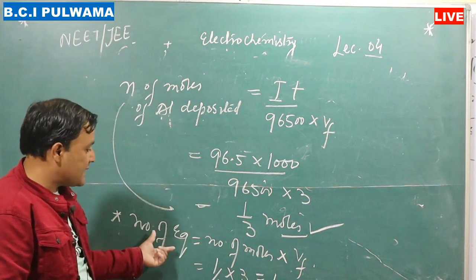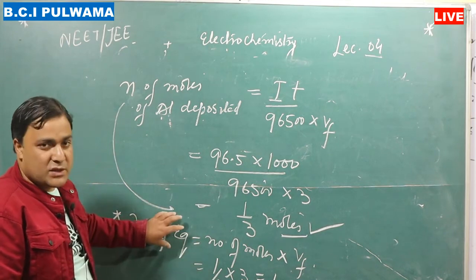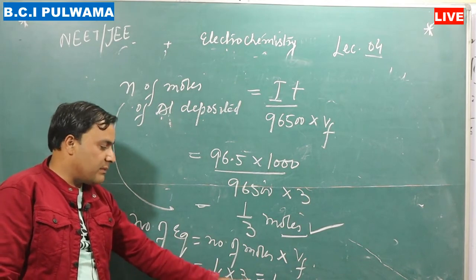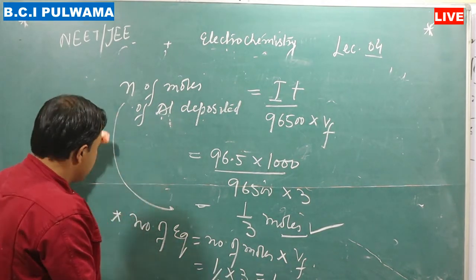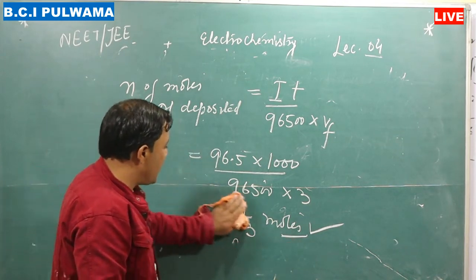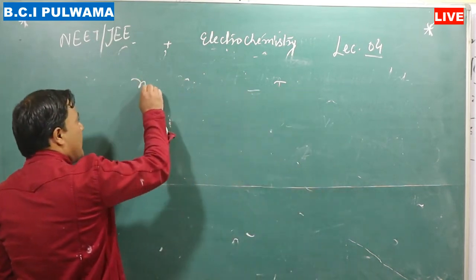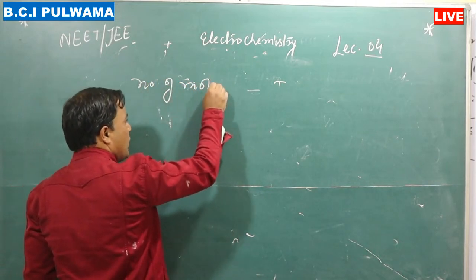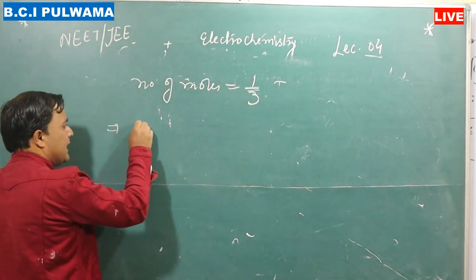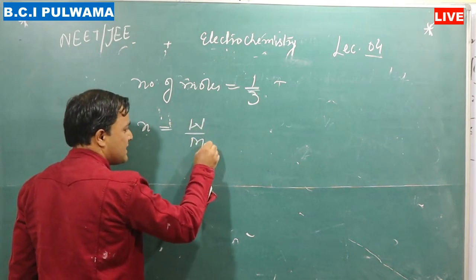The number of equivalents is equal to number of moles into valency factor. When we put the values, the number of equivalents of aluminum deposited is equal to 1 by 3 multiplied by 3, that is 1. The question also asks the mass of aluminum deposited. Number of moles is mass of the substance divided by the molar mass.